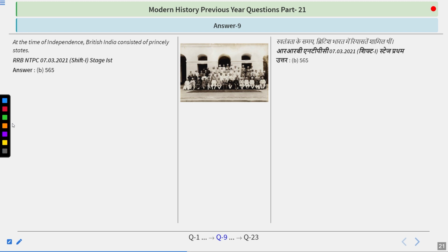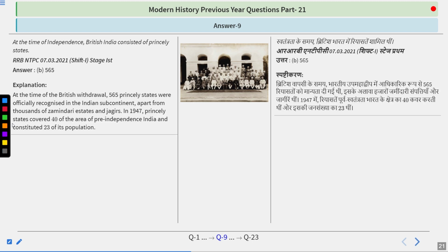And if we talk about the princely states, these are the particular places which were still under the control of some kings who had accepted the sovereignty of the Britishers in the 19th and early 20th century. So at the time of British withdrawal, 565 princely states were officially recognized in the Indian subcontinent, apart from thousands of zamindari estates and jagirs.